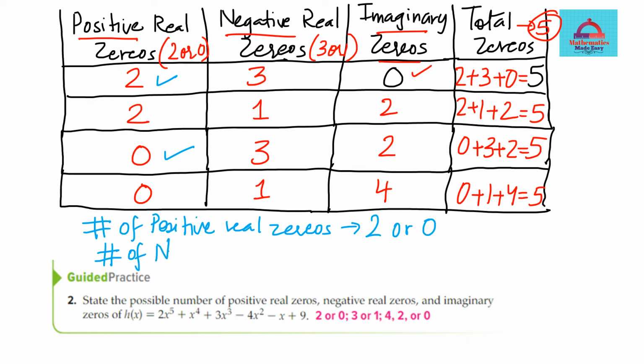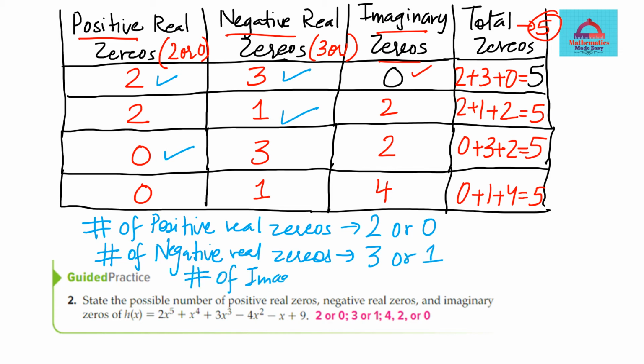Number of negative real zeros: there are 2 options, 3 or 1. And finally, the last part, the number of imaginary zeros. What are the possible options? There is 0, there is 2 and there is 4. So it can be 0 or 2 or 4.